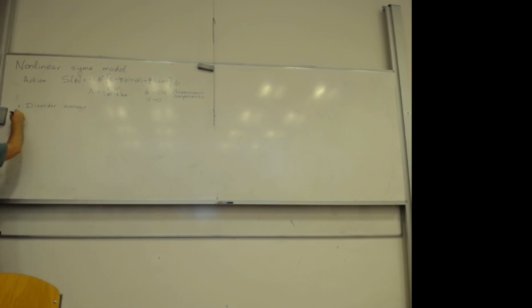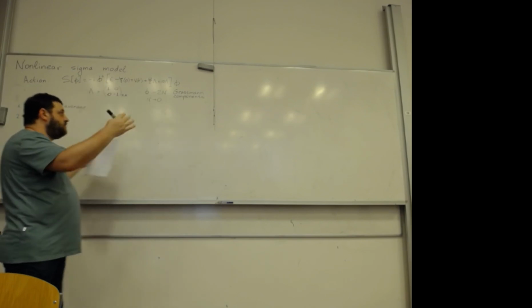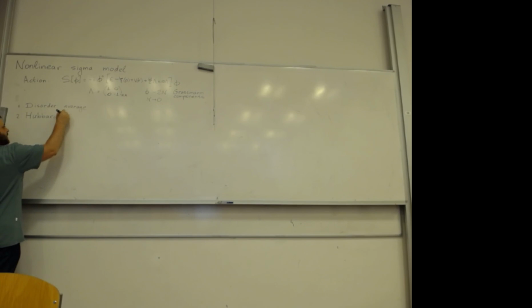The next step: once we have this product of four fields, we want to have back a Gaussian action, which is quadratic. So the next step is the Hubbard-Stratonovich transformation.